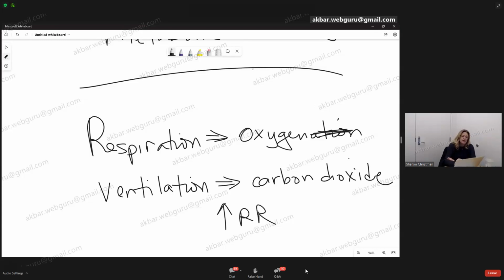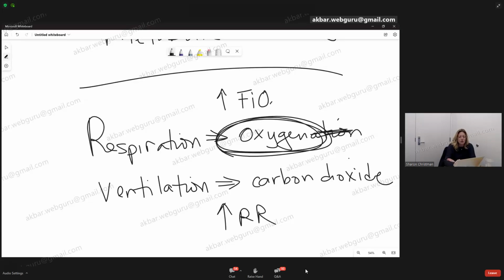Now, if they're talking about an oxygenation issue, then we increase the FiO2, which is the fraction of inspired oxygen, which is percent.